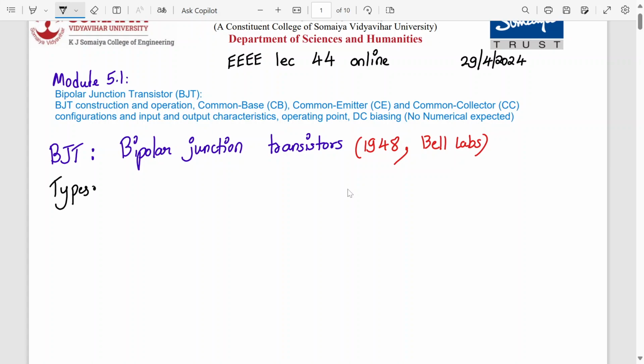There are two types of BJT, NPN BJT or PNP BJT. In NPN BJT, the majority carriers are electrons, and in PNP BJT, the majority carriers are holes.